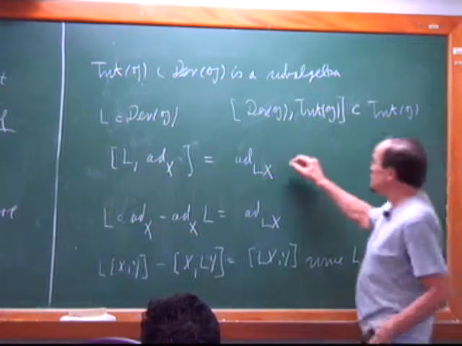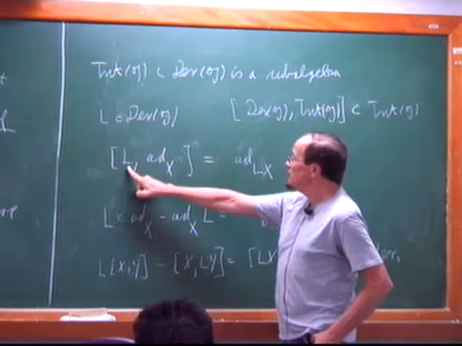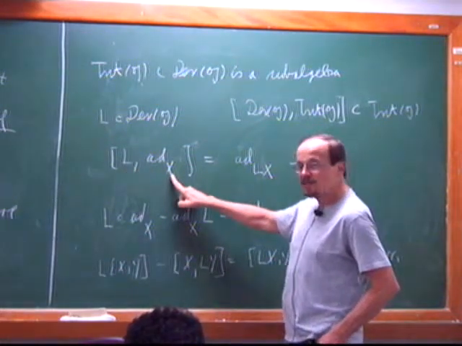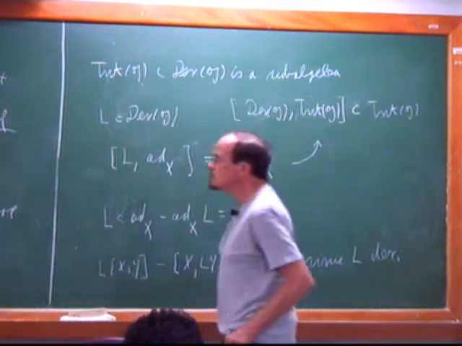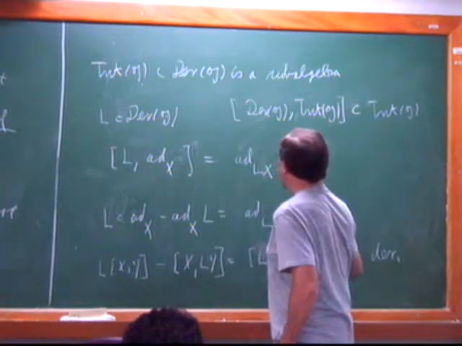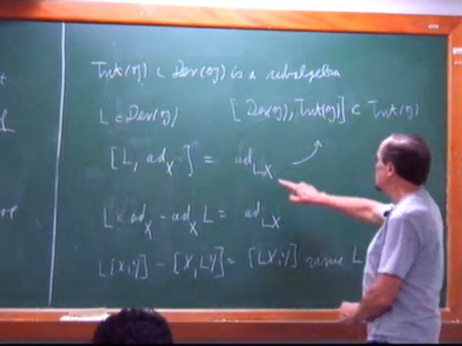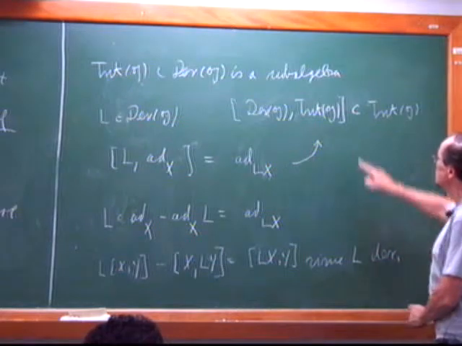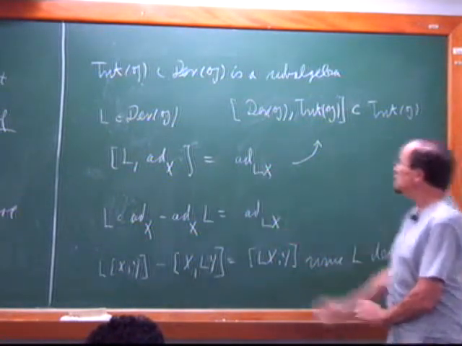Right, that's what this says here. Take a derivation, take a bracket with something that's inner. Inner ones were precisely ad x. Derivations are precisely ad x. And that's again inner. So it says this here. Derivation bracket with inner is inner.